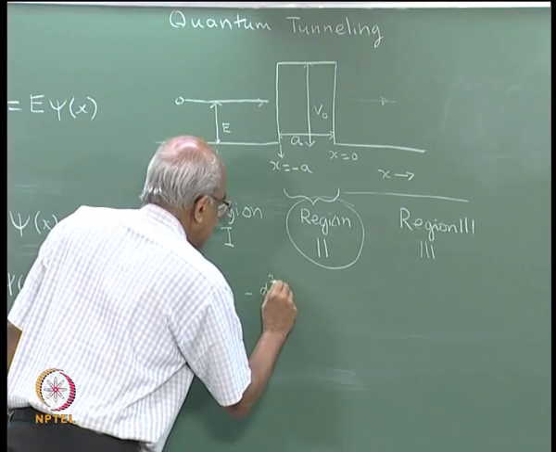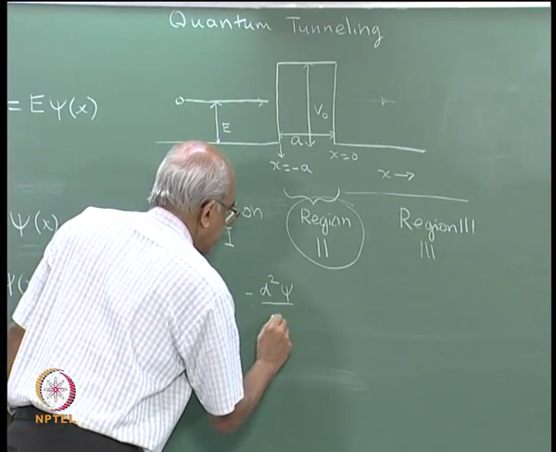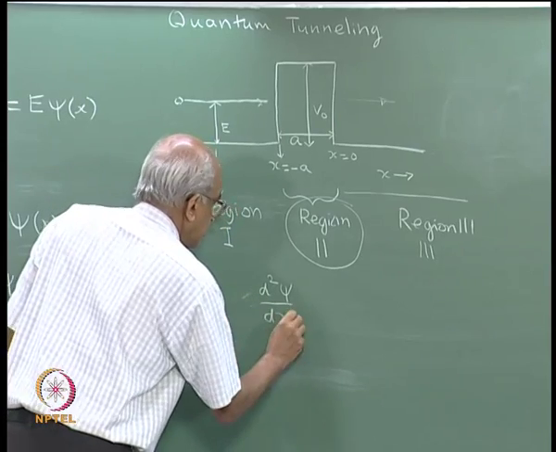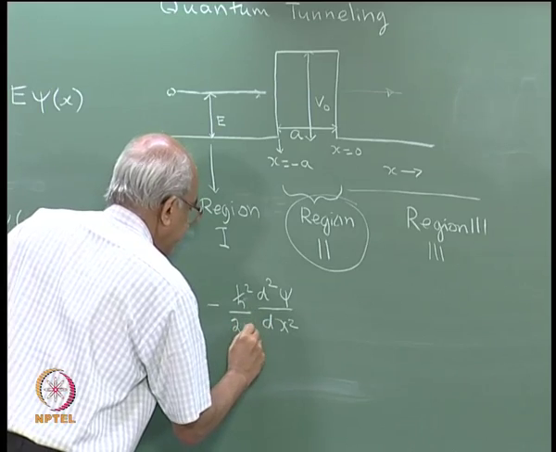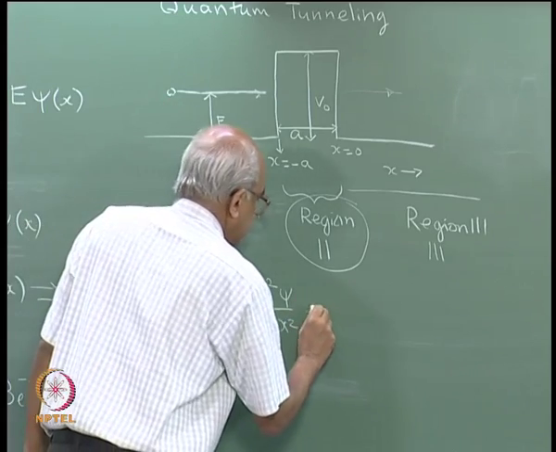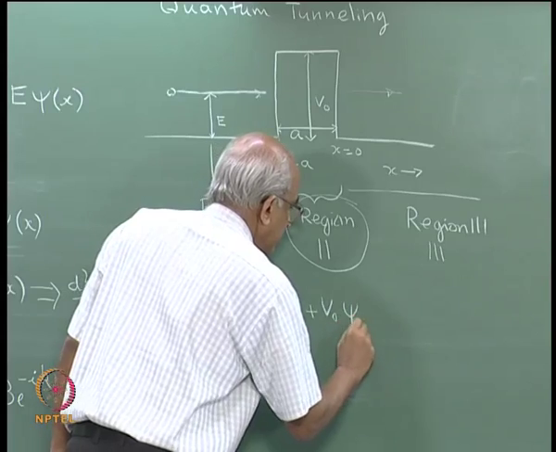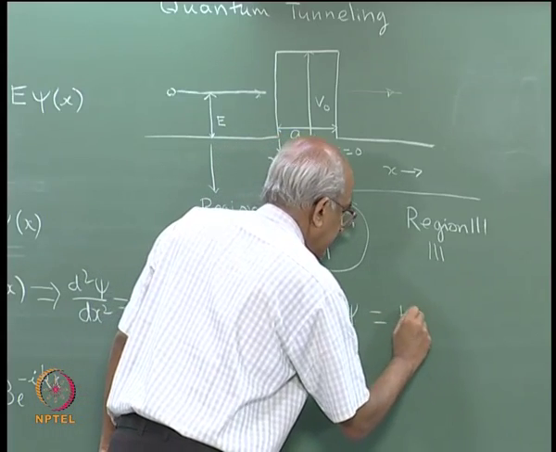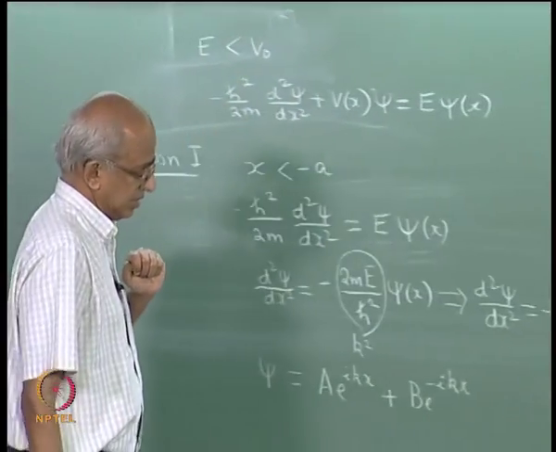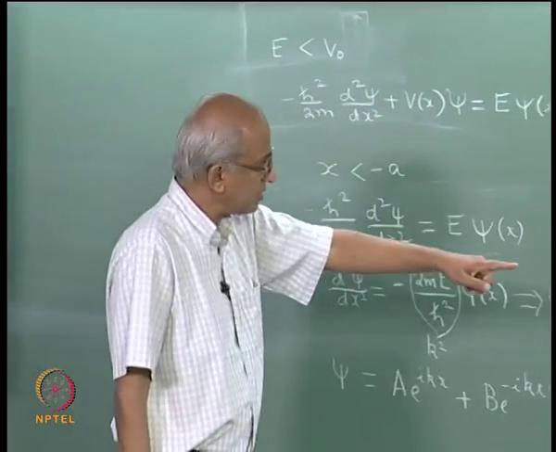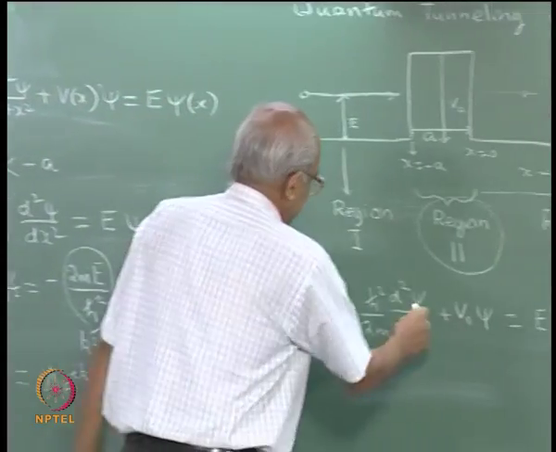In region 2 it becomes minus h cross square divided by 2m d square psi by dx square plus v0 psi is equal to E psi. This is what happens in that region, and you can rewrite this equation in a different form.